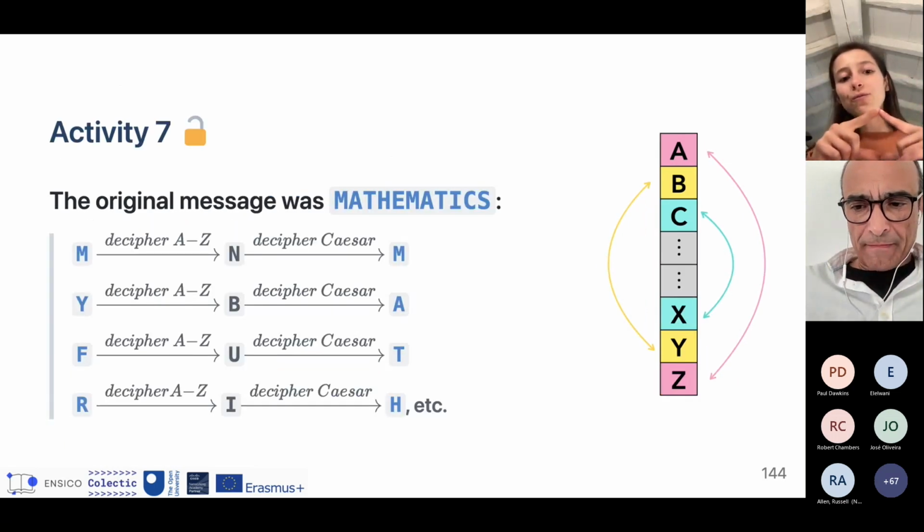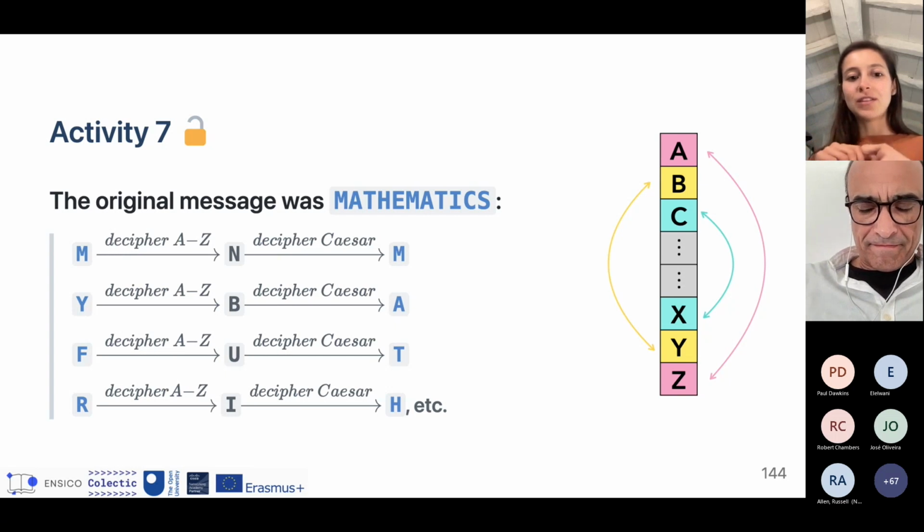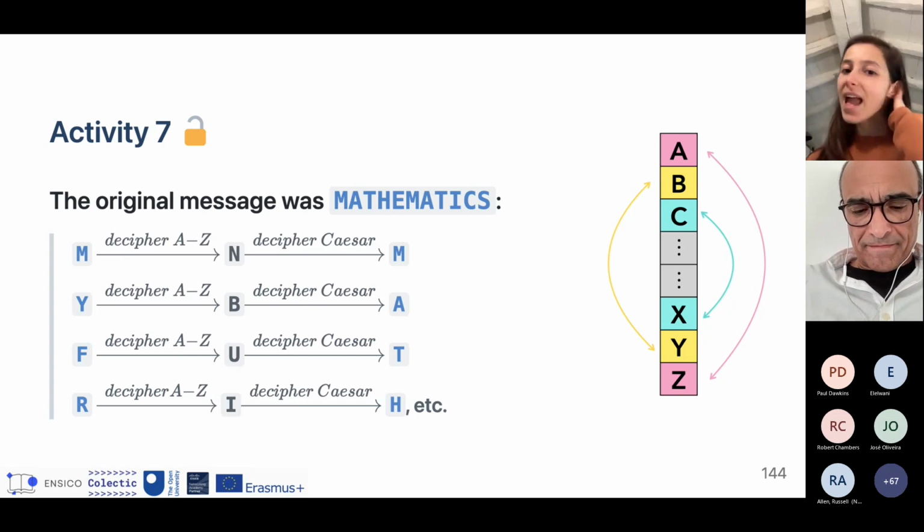So you need to first apply the AZ cipher. It's a symmetric cipher, so you decipher AZ. And then you need to apply the reverse of the Caesar cipher, so move each letter one position backwards. And you get the message mathematics.